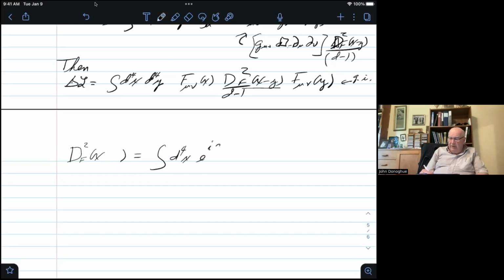E to the I q dot x of the Feynman propagator squared as a function of q. And this is just a calculation that you know and love. That's the Feynman propagator squared as a function of q is the bubble diagram.